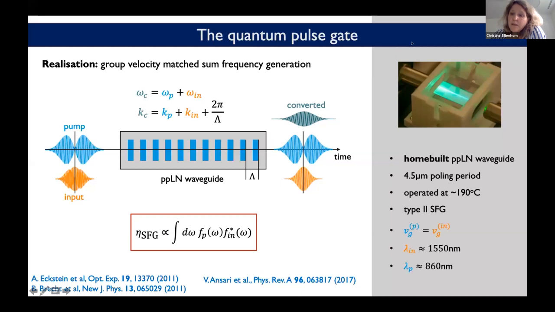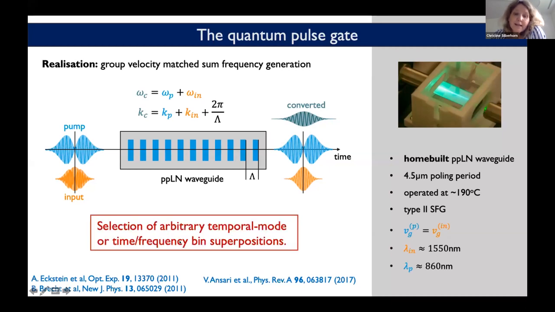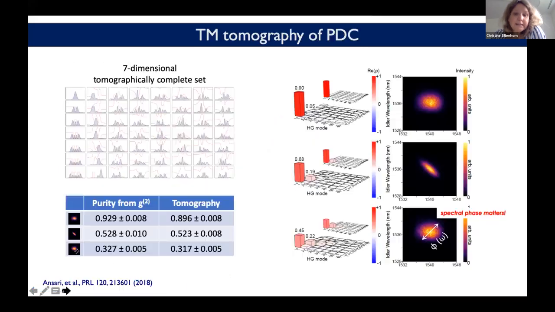It's PPLN waveguides with very specific properties, which we can operate again for signal states at 1550 nanometer and pulse shaping at 860. And we can select arbitrary temporal modes in time or time-frequencies for pushed system states. And just as an example, we analyzed PDC states, these temporal modes, and we can basically see that we really can handle this high dimensional Hilbert space quite nicely.